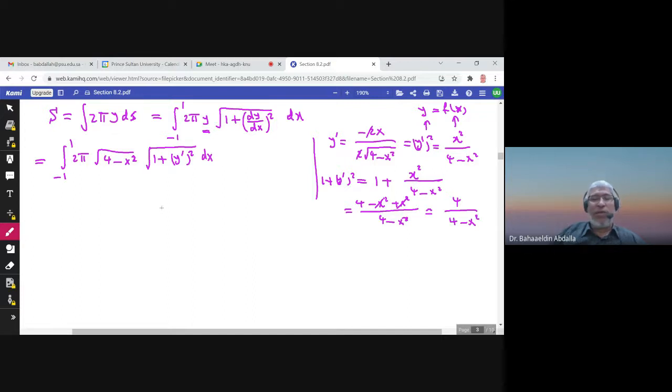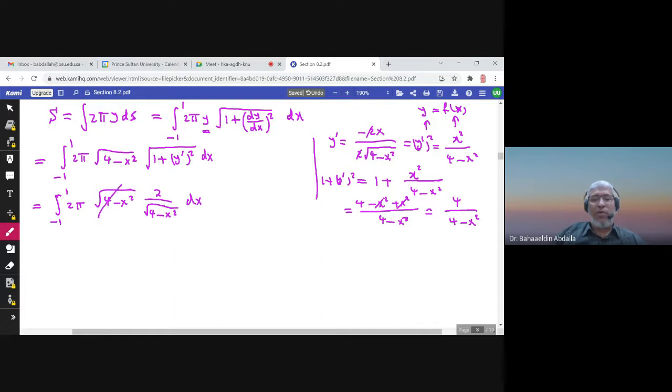So now this would be the integral from -1 to 1 of 2 pi square root of 4 minus x squared, times the square root of this. Well, I can distribute the square roots. So the square root of 4 would be 2, over the square root of 4 minus x squared, dx.